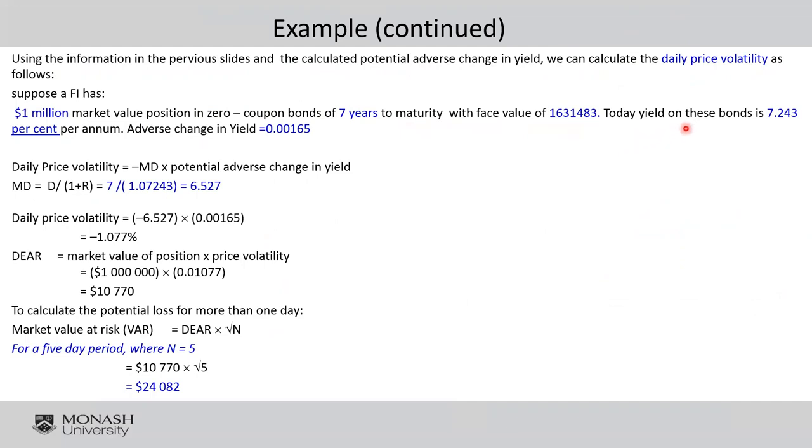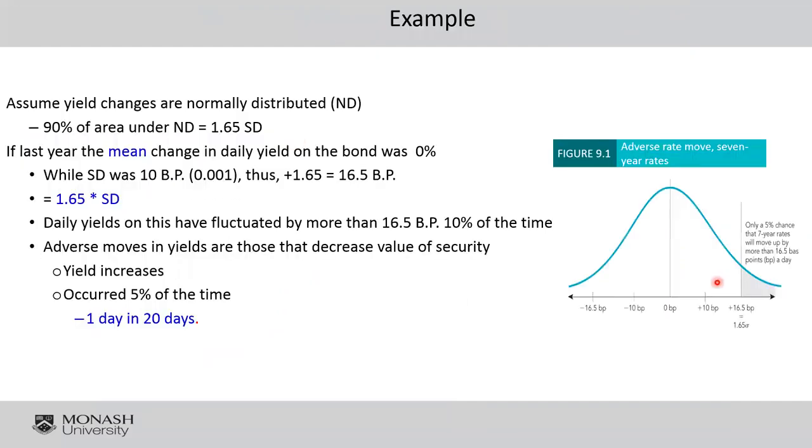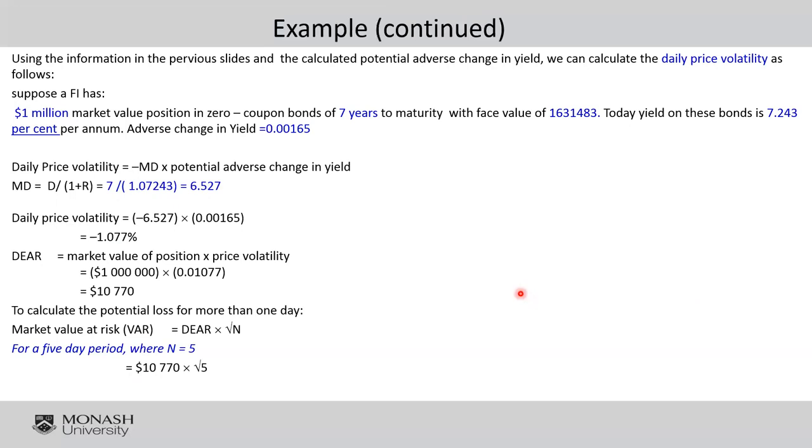And today the yield on that bond is 2.43%, and the adverse move in the yield is 16.5 basis points. Where did I get this one? I get it from the previous slide, which is this area, the standard deviation times the Z value. Now it's easy for me to calculate the daily price volatility, which comes from the formula: modified duration times the potential adverse move.